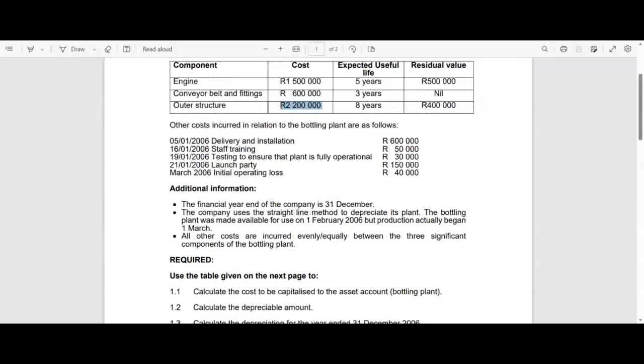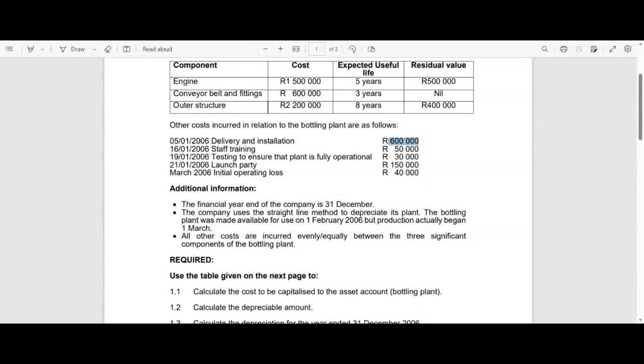Now they are actually 2 different expenses, but they've paid for it in one go. Delivery and installation of 600,000 rands, right?